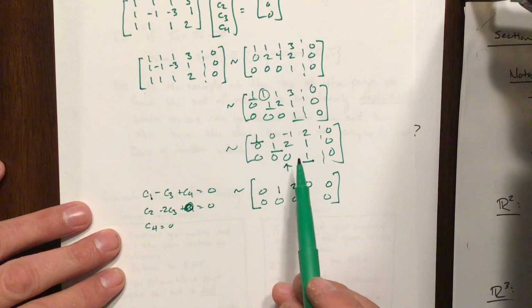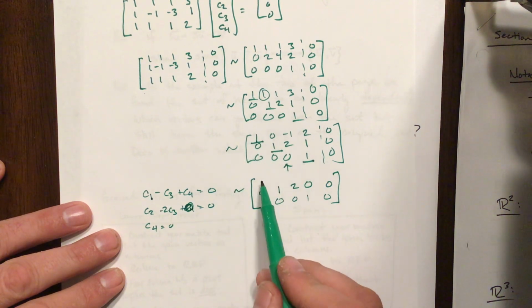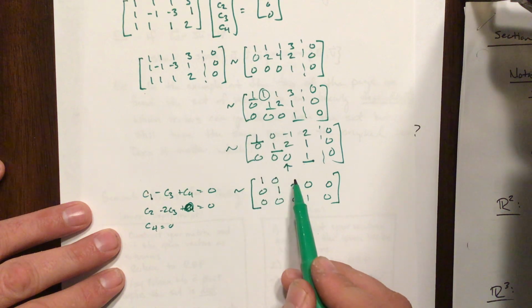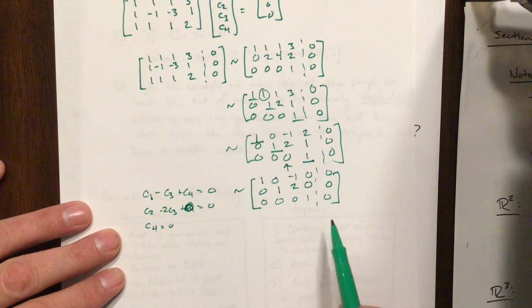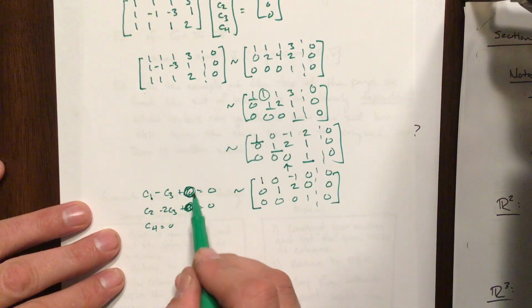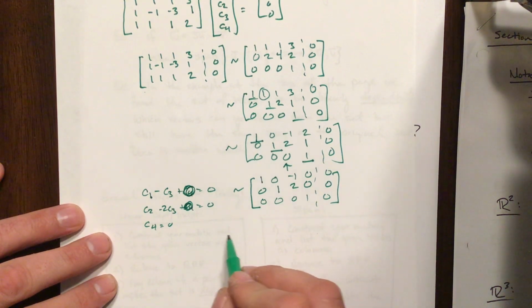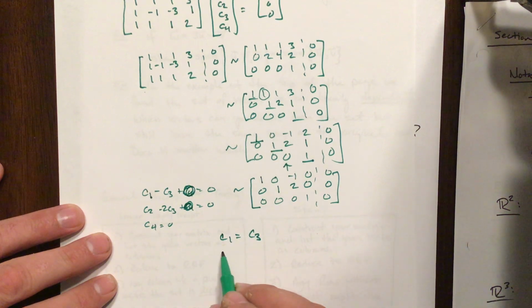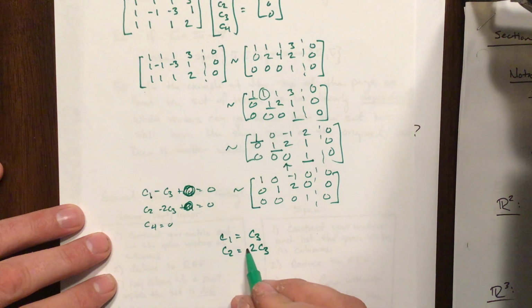And if I subtract row 1 and 2 times row 3, I get 1 minus 0, 0, negative 1. 2 minus 2 is 0. So that's a 0 right there. So what do I have? I have C1 is equal to C3. I have C2 is equal to negative 2C3.